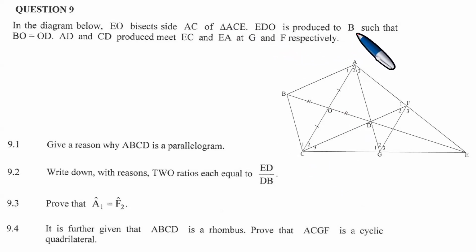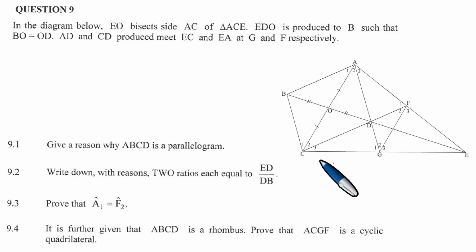EDO is produced to B such that BO is equal to OD. They marked them equal here.